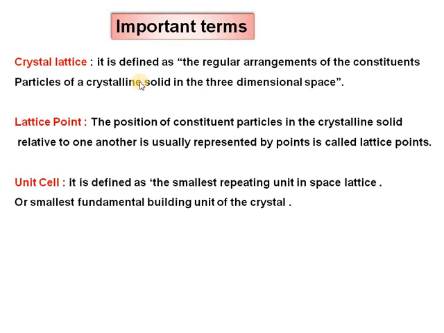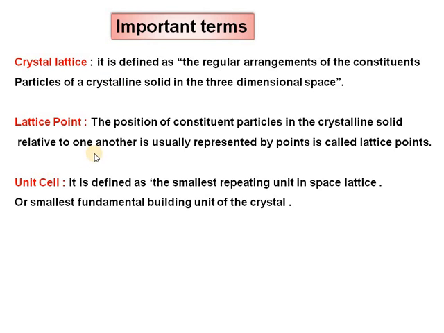In the crystal lattice, the constituent particles, for example atoms, molecules or ions, are arranged in a regular pattern, and hence the positions of these particles in crystalline solids are fixed relative to one another.